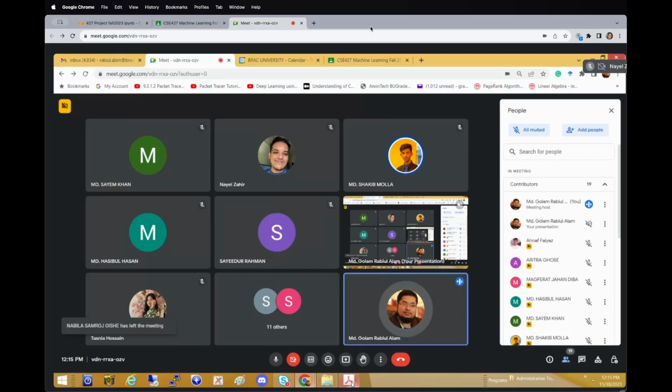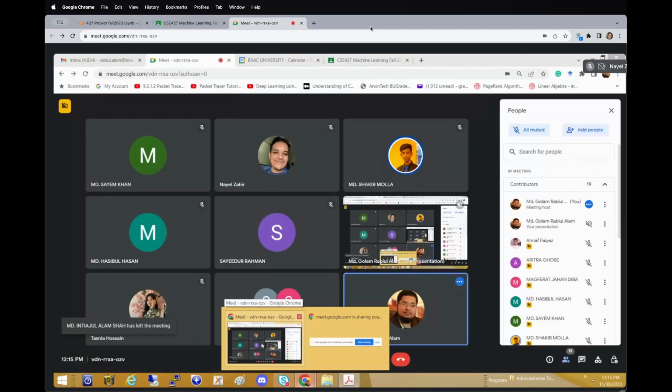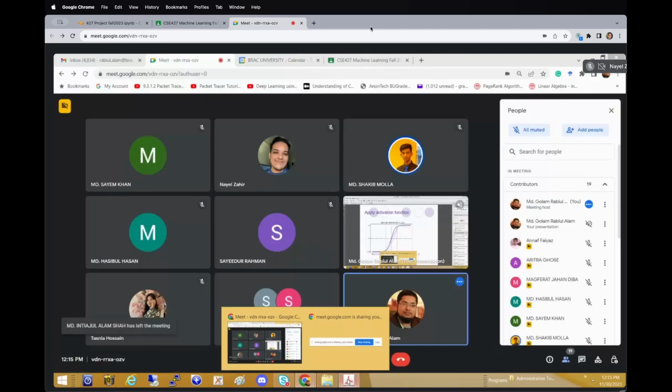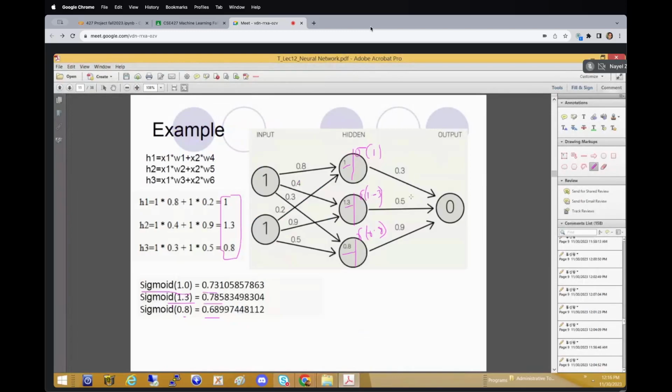So here we can see the last layer of the neurons. If you need the binary class, then at this stage you can apply the sigmoid function.